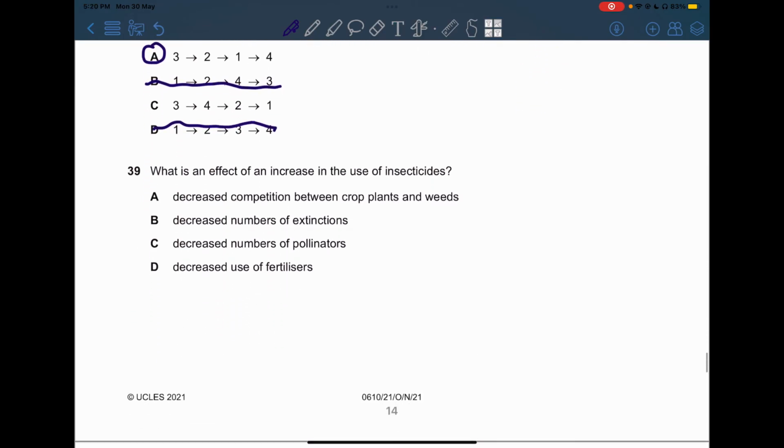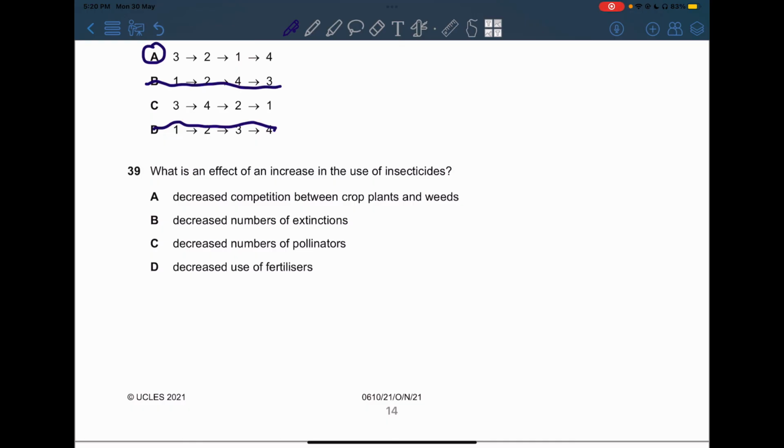Now 39, what is an effect of an increase in the use of insecticides? Now insecticides kill insects that cause competition in the plants and eat their nutrients. Farmers use insecticide to prevent competition and increase the rate of growth of the crops that they are growing. So decreased competition between crop plants and weeds.